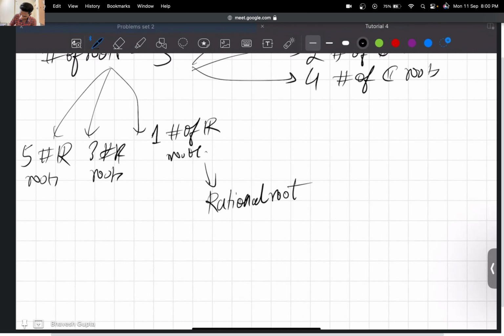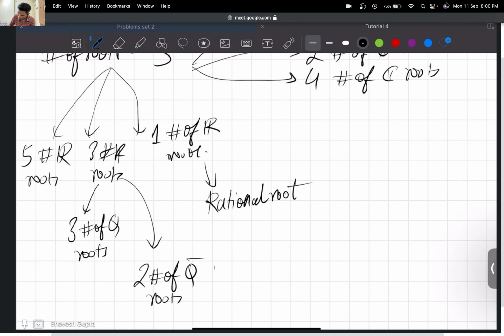And in the case of 3, you have 3 rational roots, or you can have 2 irrational roots plus 1 rational. At least you will have 1 rational root in this case, right?